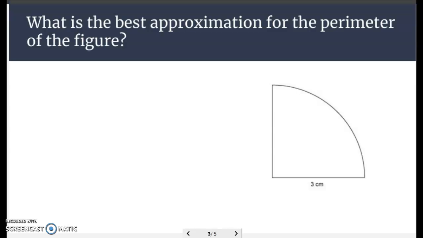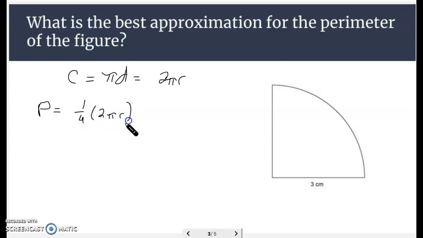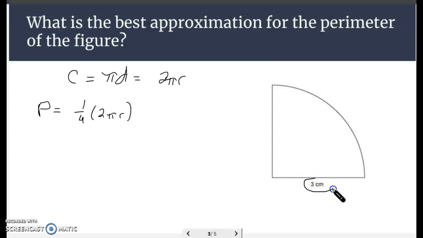What's the best approximation for the perimeter of this figure? Looks like we have 1/4 of a circumference. Remember, the circumference is pi times diameter, but you could also have 2 times pi times radius, which we have. So for the perimeter here, we do have 1/4 of a circle, so 1/4 times 2 times pi times radius. But then we have the 2 radii here, the 3 here.